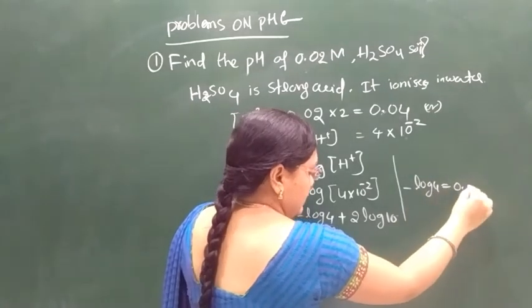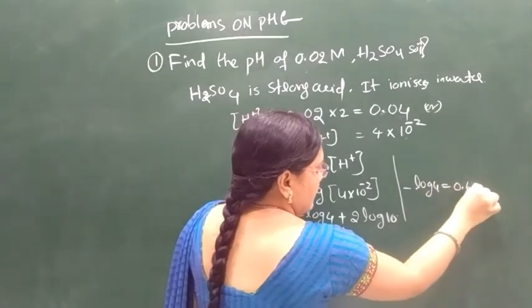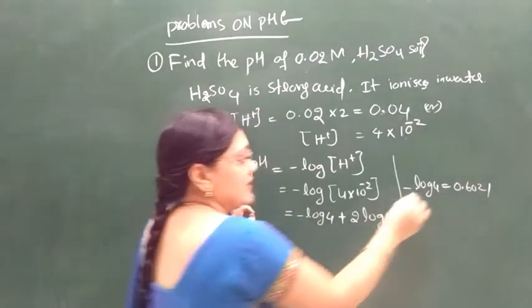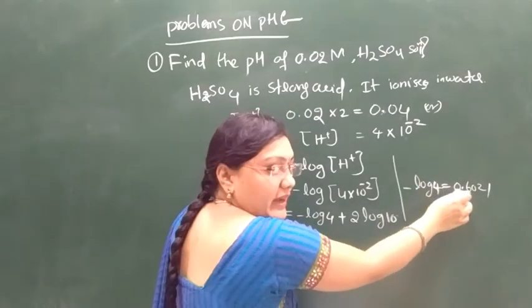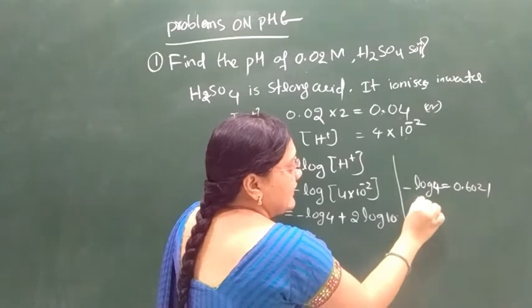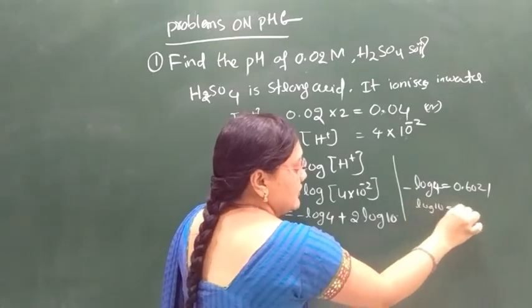Minus log 4 value is 0.6021, and log 10 value is 1.